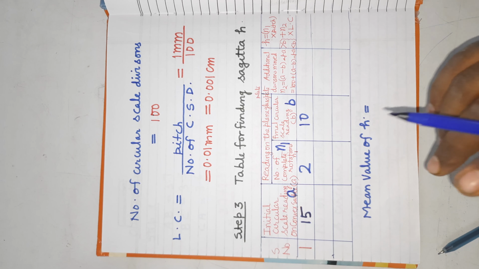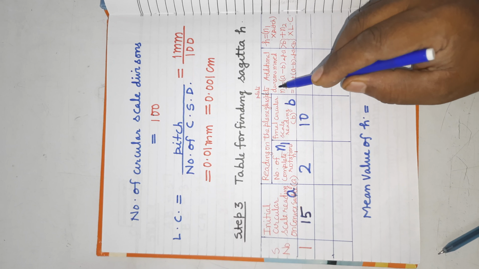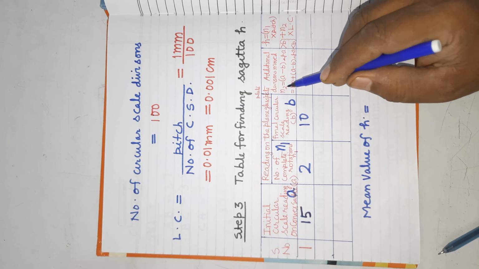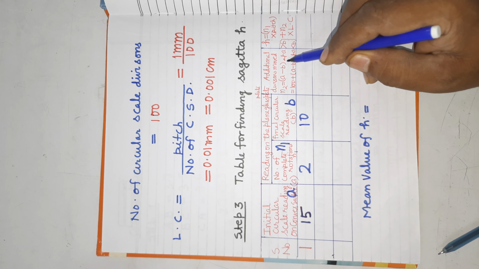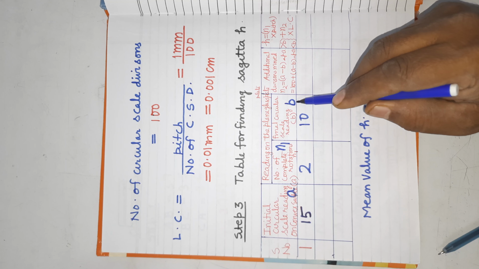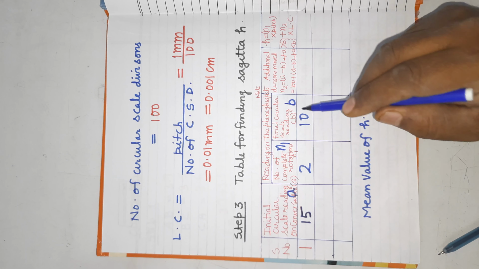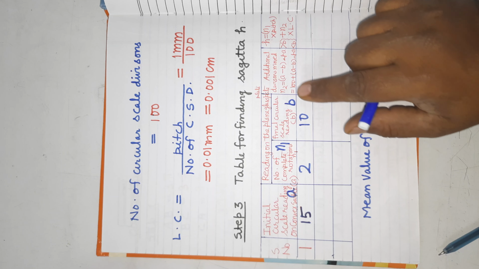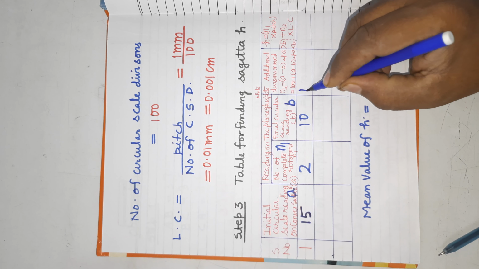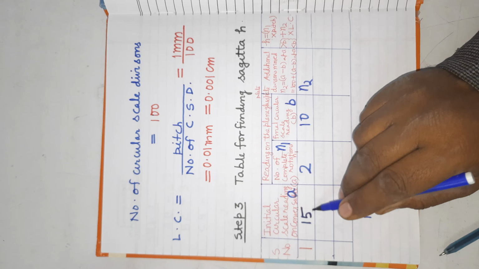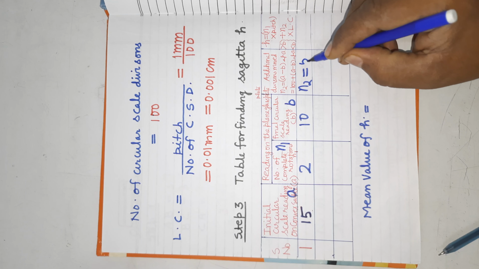Now see here, it is given that additional divisions moved N2 equals A minus B if A is greater than B. Here A is greater than B, so what will be N2? N2 will be 15 minus 10, that is equal to 5.